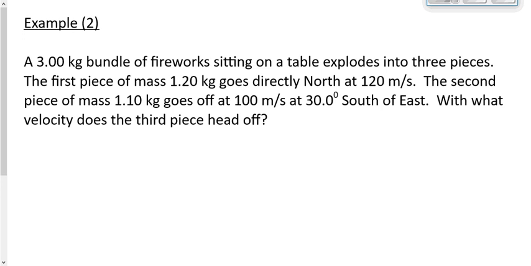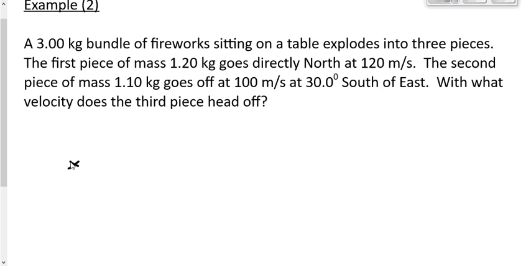Let's draw our situational diagram. Remember the difference between a situational diagram and a vector diagram? My situational diagram just shows me what's going on. Here's my explosion point. I got a piece going north. I'll call this piece number 1. Its mass is 1.20 kilograms with a velocity of 120 meters per second.